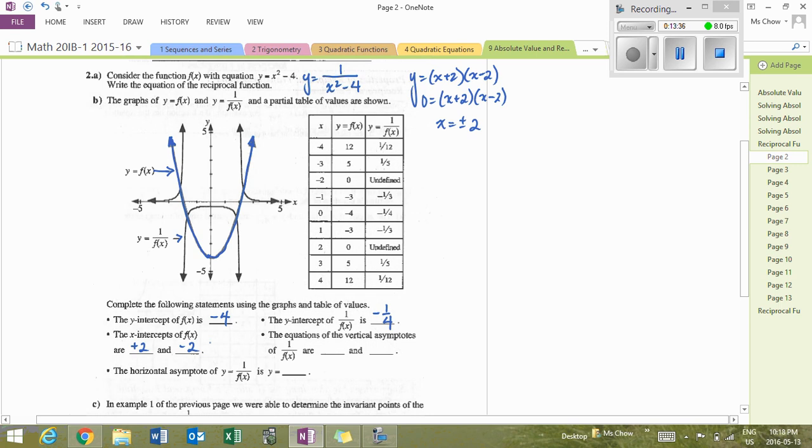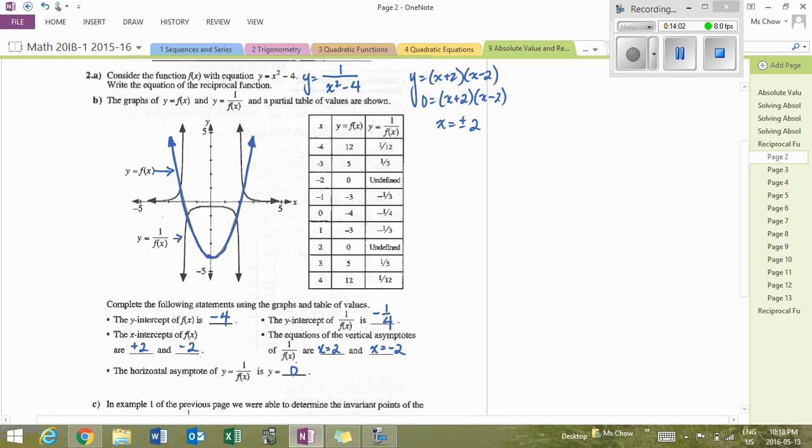Remembering again that your x-intercepts tell you what your vertical asymptotes are going to be, which are the equations x is equal to positive 2 and x is equal to negative 2. The horizontal asymptote, again, is going to be y equals 0, which is your x-axis.